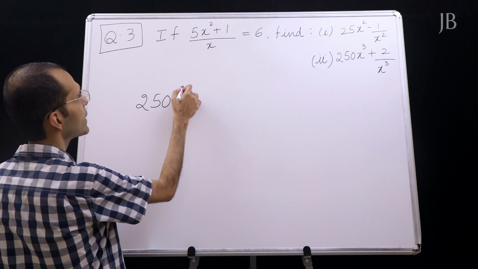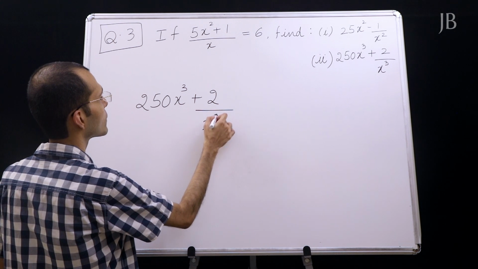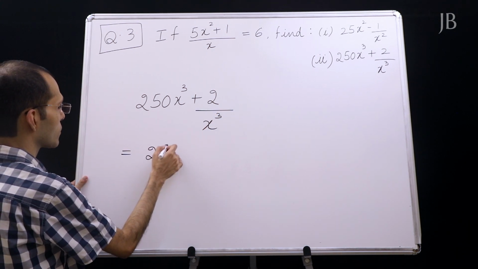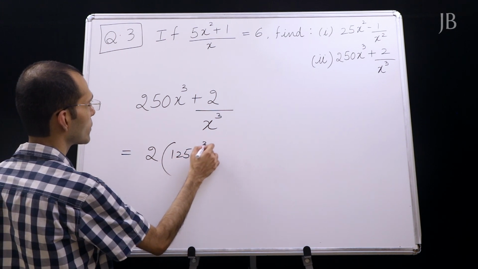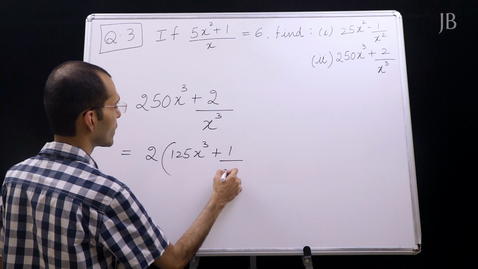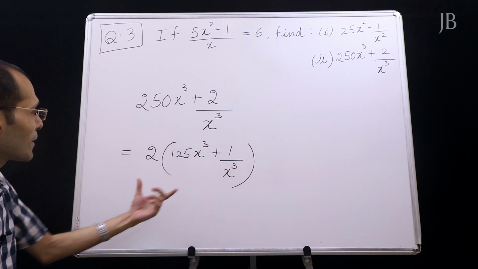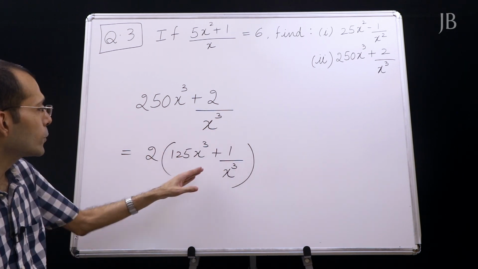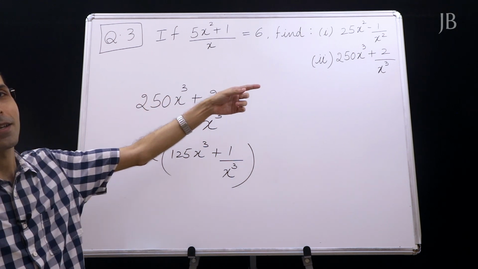So 250x cube plus 2 upon x cube. We can take 2 outside. We will get 125x cube plus 1 upon x cube. This is nice now. So this portion can be easily found out, and you multiply by 2 and you will get the value of the required.